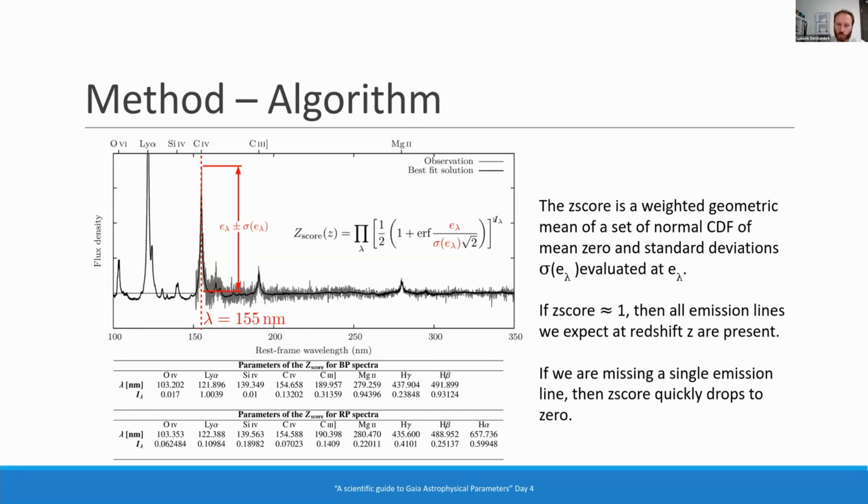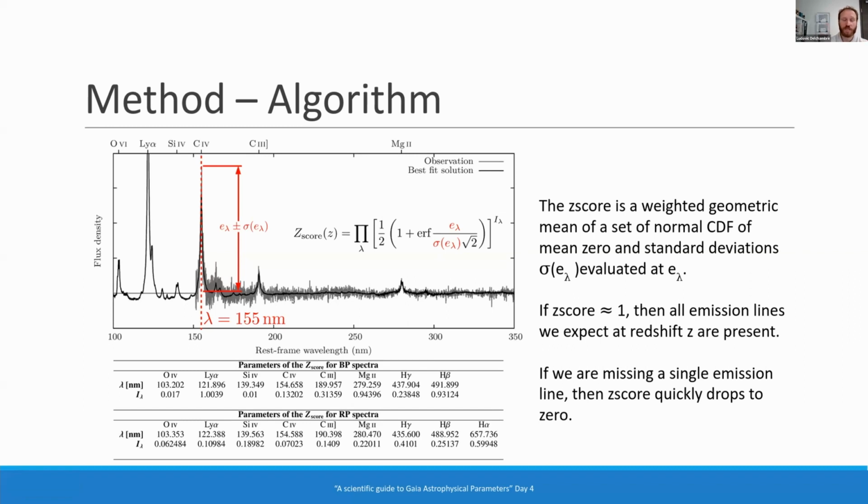And we have the weights of the geometric mean that are provided here for BP and for LP. Now, to summarize the z-score: if all emission lines are present where we expect them to be, we'll have a z-score that is close to 1.